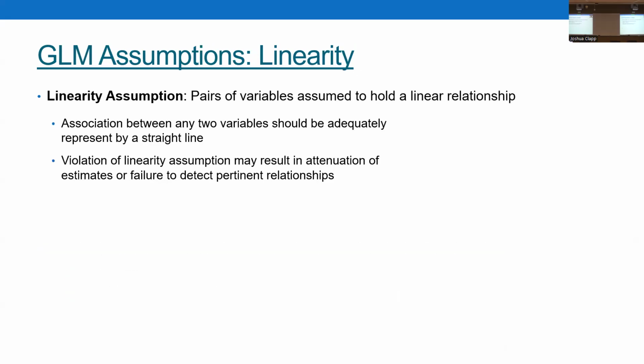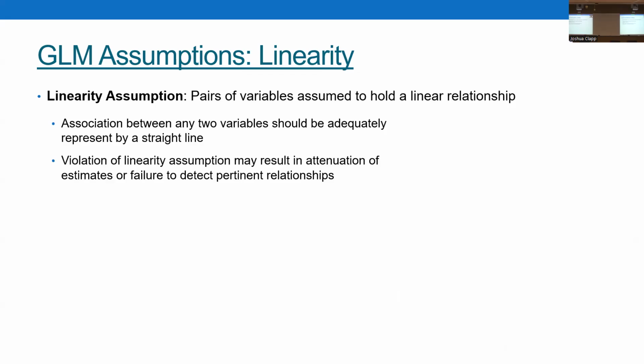Okay, so some basic assumptions of our GLM. One, linearity. This starts to become really, really important. Within the general linear model, we're assuming that pairs of variables hold linear relationships.